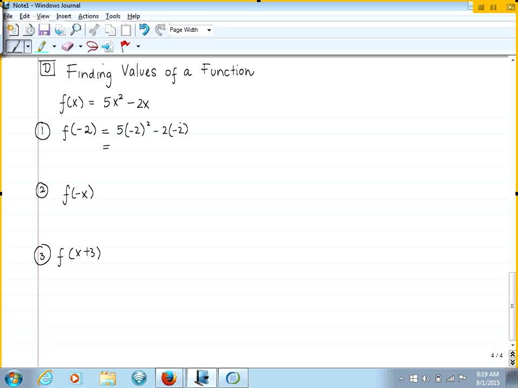What is this equal to? 5 times 4, 20 plus 4, 24. You could write 20 plus 4, or write 24 directly, whatever you want. F of negative x, what's this? What do I do?